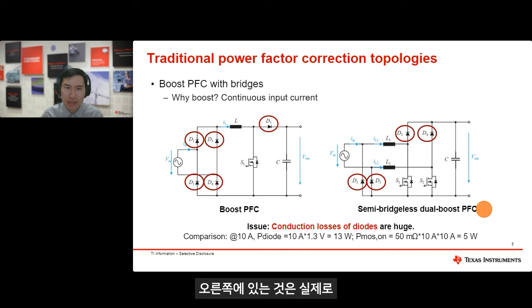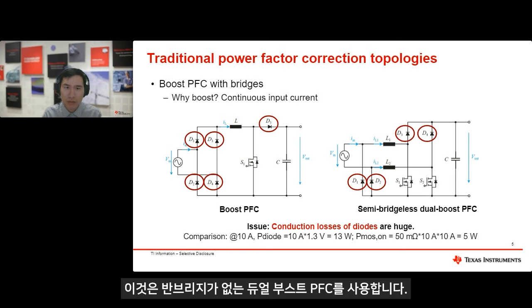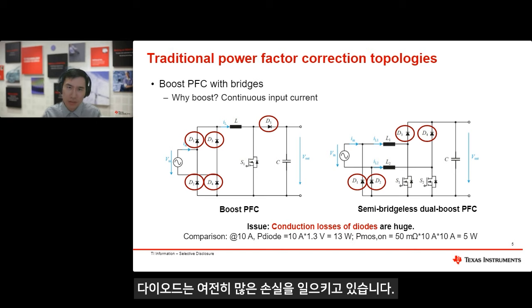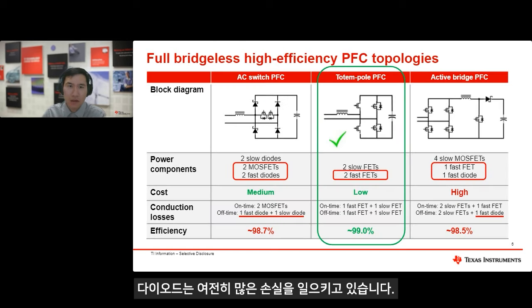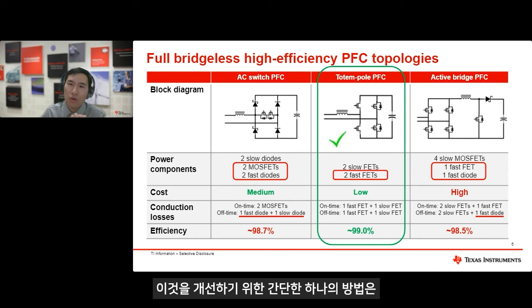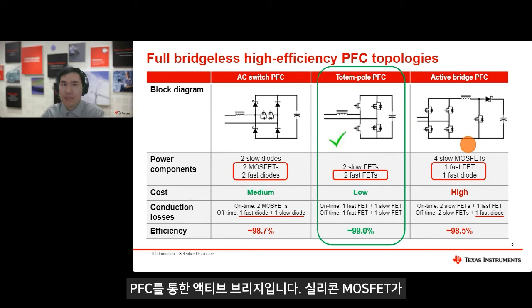So on the right-hand side is a variation of the traditional boost PFC. It uses semi-bridgeless dual boost PFC. It's kind of interleaving there to eliminate some of the diodes, but the diode is still conducting and generating a lot of loss. So one straightforward way to improve that is, as shown here, the active bridge PFC.